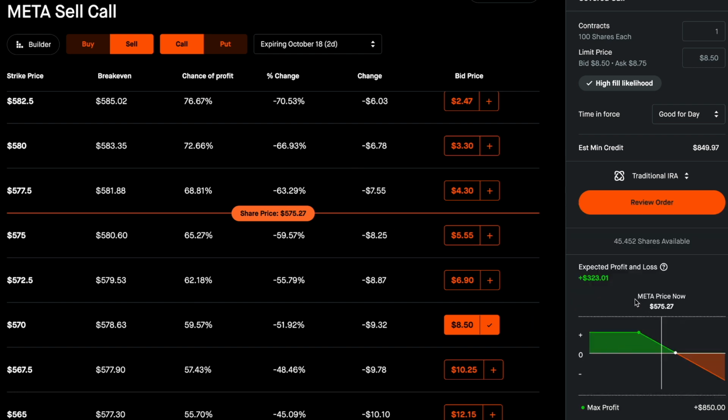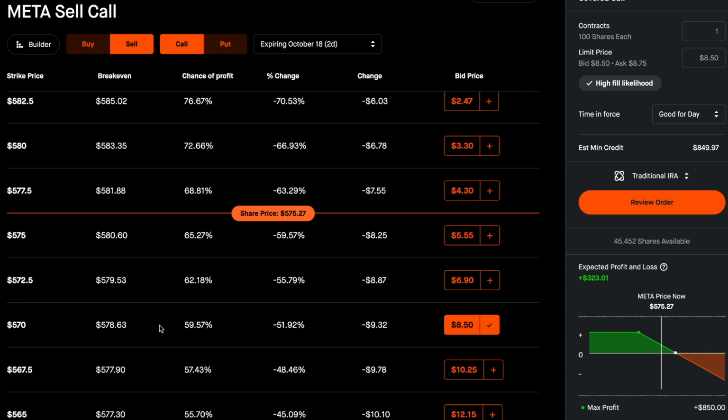Over here, you can see that our expected profit and loss is $323.01. This is based on the fact that this is the time value. It already has $5.27 of intrinsic value, which means that the stock right now is $575. If we just sold the 100 shares, we would make 100 times $575.27.